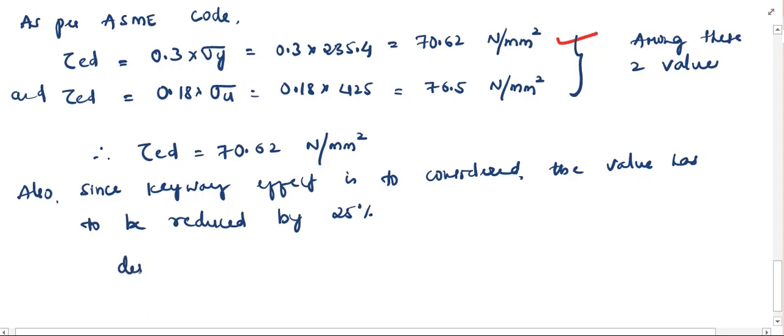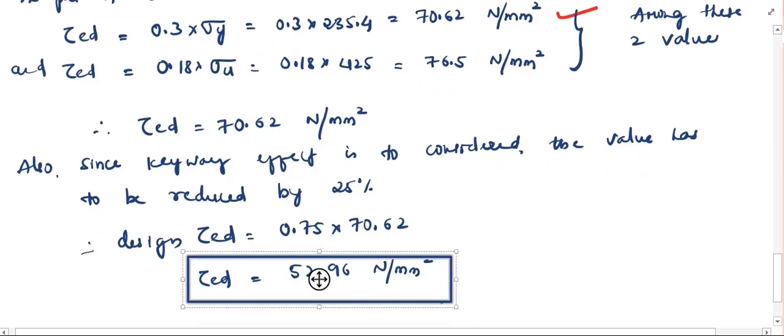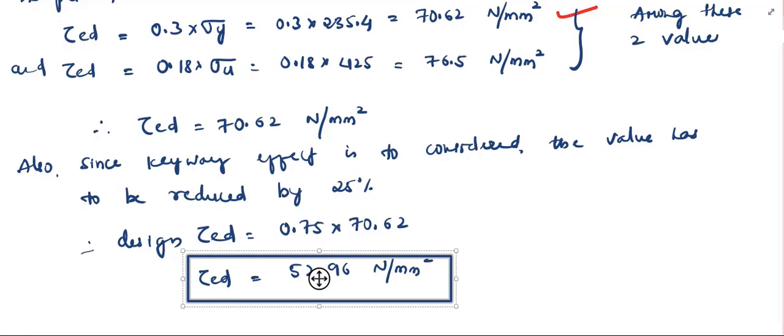So therefore, the design tau ED value will be 0.75 into 70.62 Newton per mm square. So that will be 52.96 Newton per mm square. So this is our design shear stress.